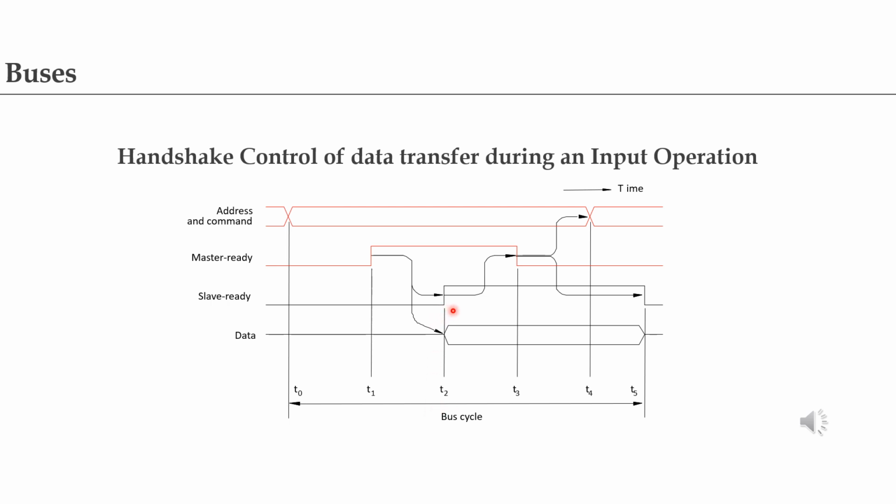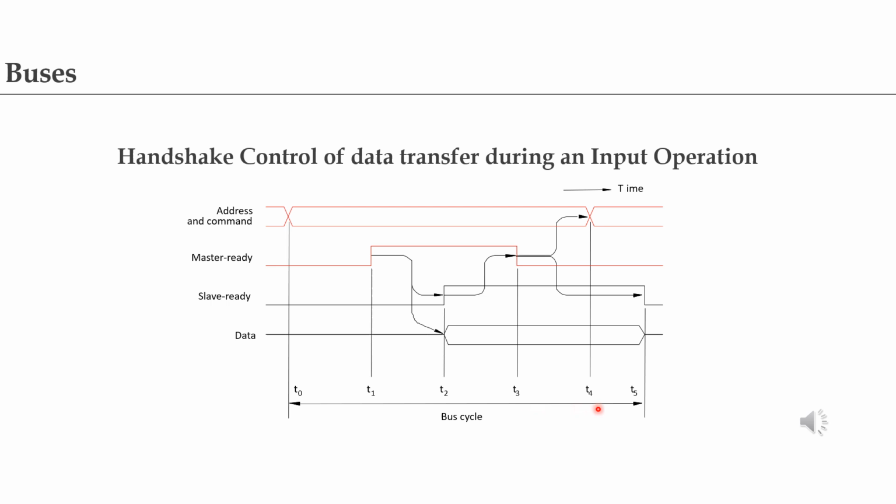having decoded the address and the command information, performs the read input operation by placing the data from its data register on the data lines. At the same time, it sets the slave ready signal to 1. At T3, the slave ready signal arrives at the master, indicating that the input data are available on the bus.